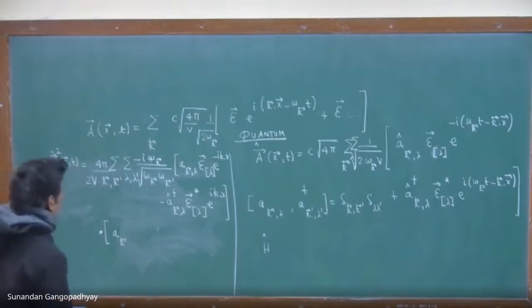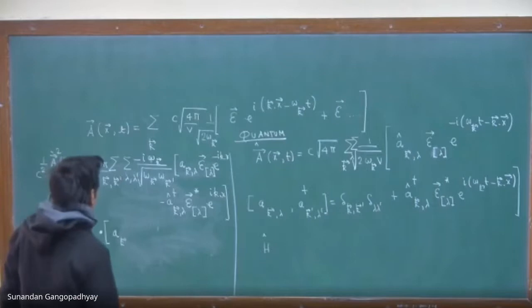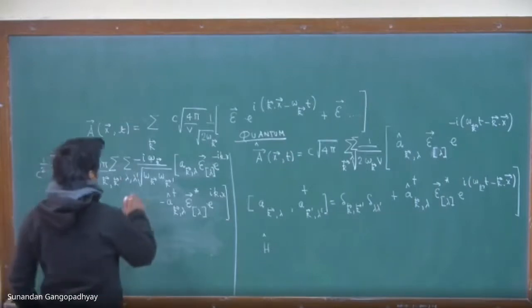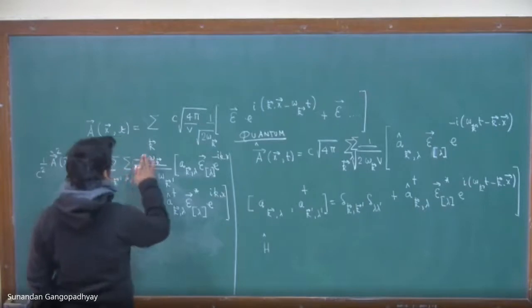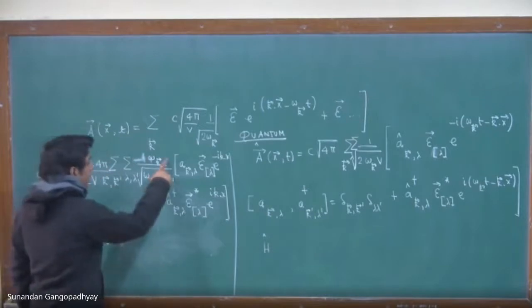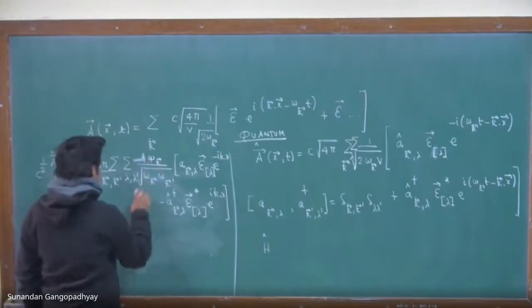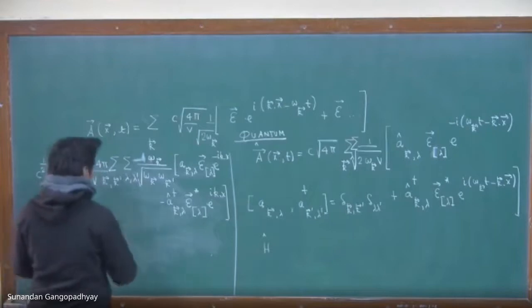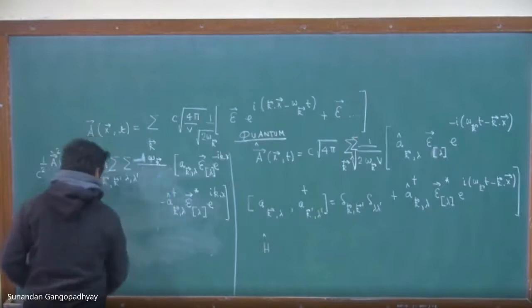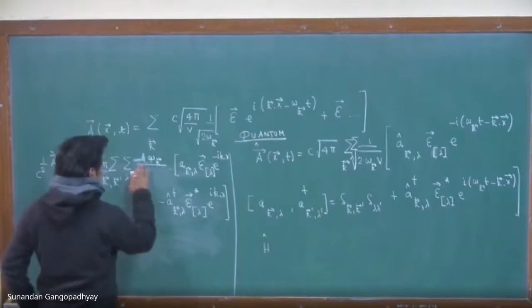So from there, what we shall have is this minus will remain. You can put this minus outside, and there will be a omega k prime, and therefore there is a square root. So ultimately, what will happen is the following: we will have omega k.